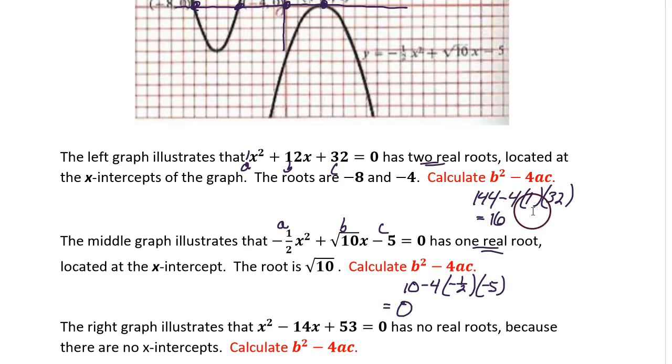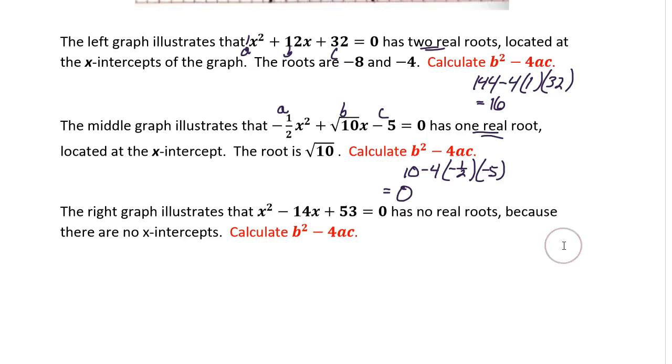Let's consider one more example situation. Let's take a look at this equation. The value of a is 1, b is -14, and c is 53. Let's figure out b squared minus 4ac. So b squared would be -14 squared. On a calculator, that's 196.